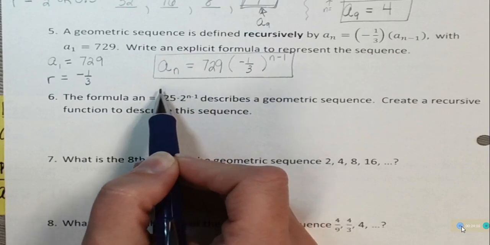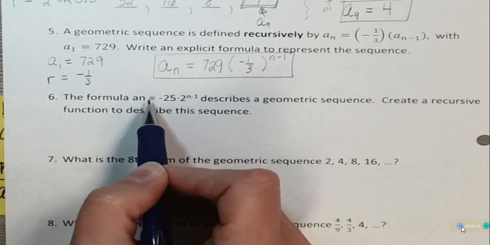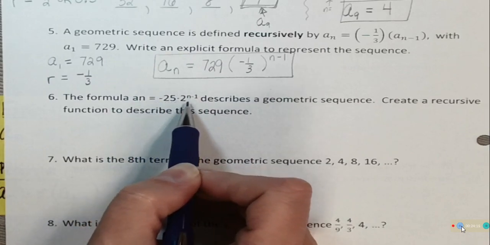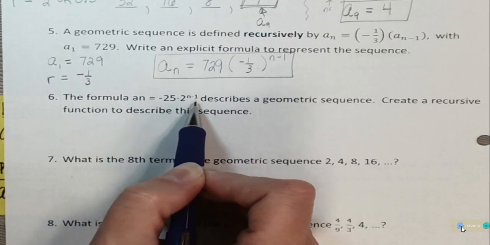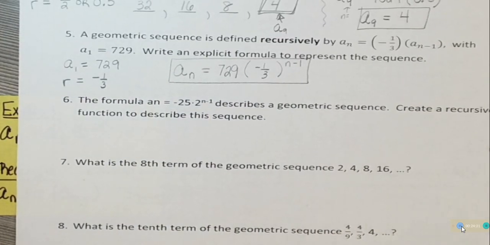Now, I gave you a geometric sequence, but did I give you recursive or explicit? Explicit. You know one way you can tell? It's got 2 numbers. Explicit is going to have 2 numbers, and the exponent's going to have n minus 1. Recursive is going to have 1 number, and that a sub n minus 1.